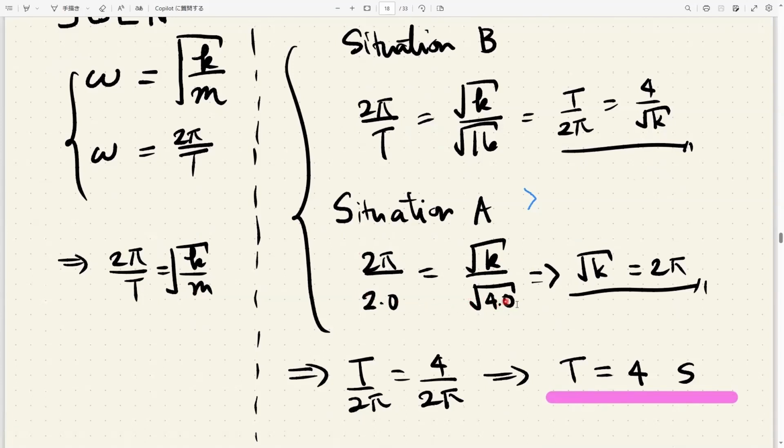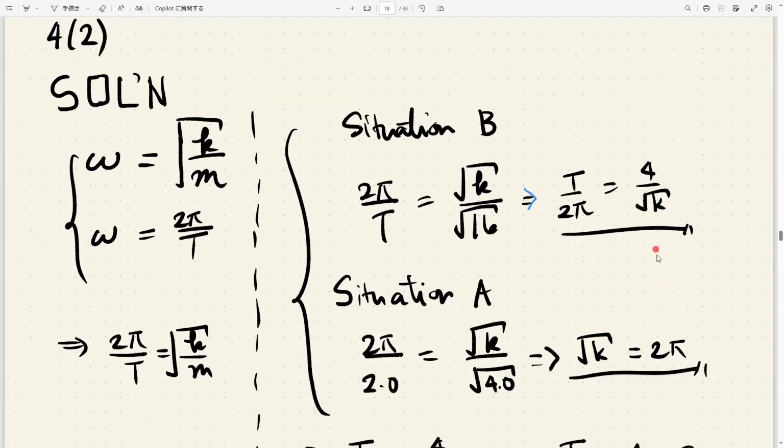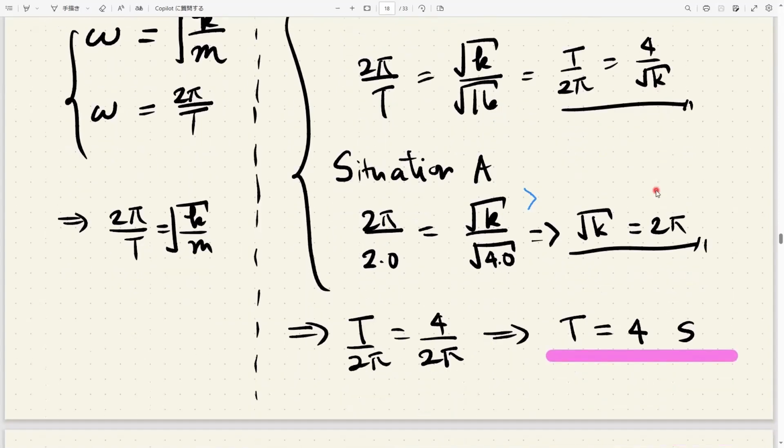The 2 and the 2 cancel, so we conclude that the square root of K is just 2 pi. And so we can replace this square root of K with 2 pi. Notice we have a 2 pi here and a 2 pi here, so they cancel and we are left with T equals 4.